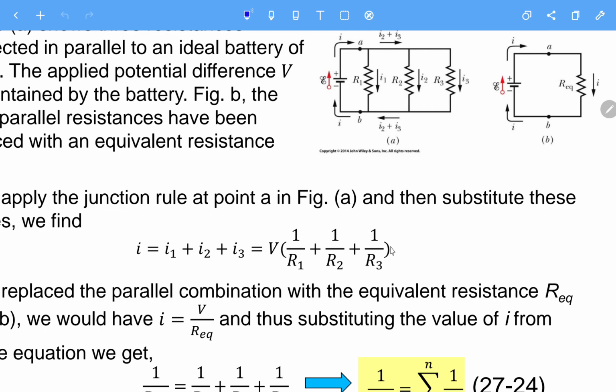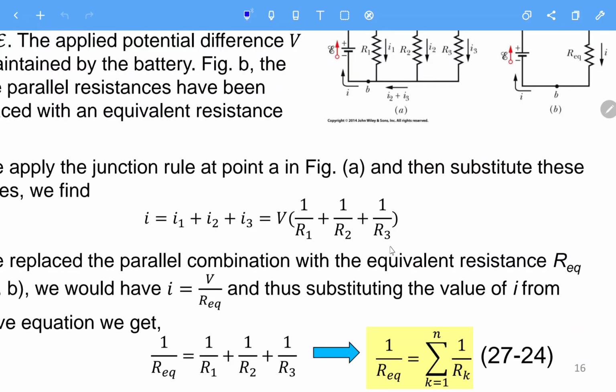So we just substitute it there, and then we can factor out V. We can just move this part to the other side. We will have V equals I times the reciprocal of 1 over R1 plus 1 over R2 plus 1 over R3.